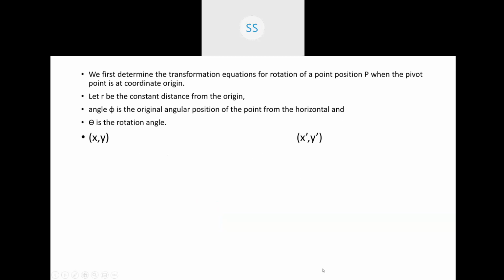Now we are saying that let us first determine the transformation equations for rotation of a point P when the pivot point is at the coordinate origin.